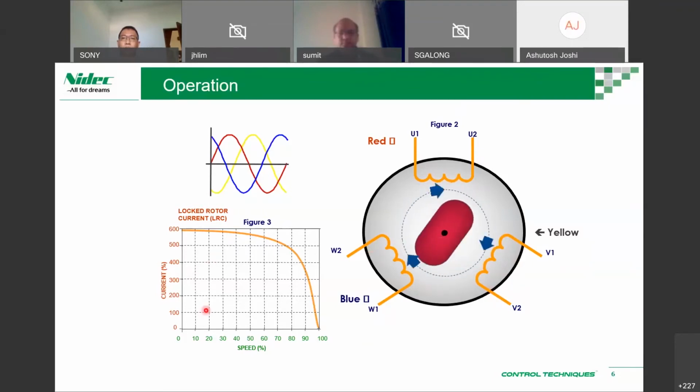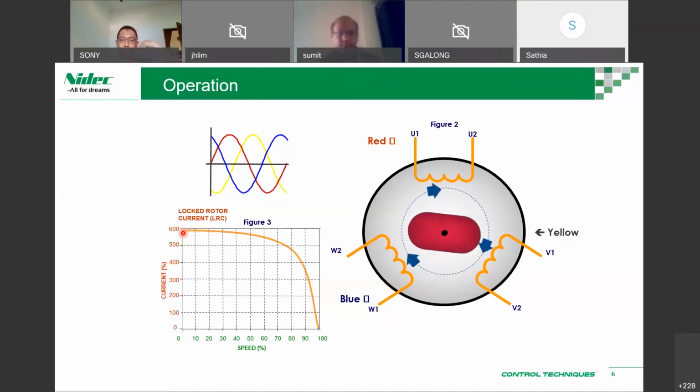Okay. So as you can see, at zero speed, you have almost 600% of current. Let's say the motor has been rated for 50 ampere, then you have about 6 times that current. So this is where we are using star delta starters, soft starters, and VSDs to ensure we reduce this starting current.